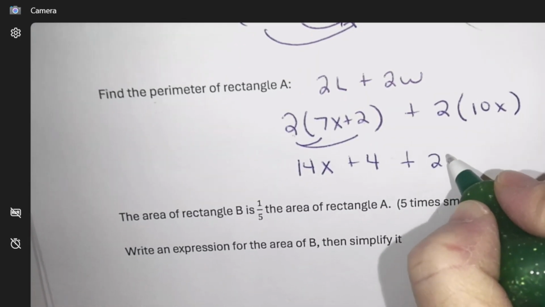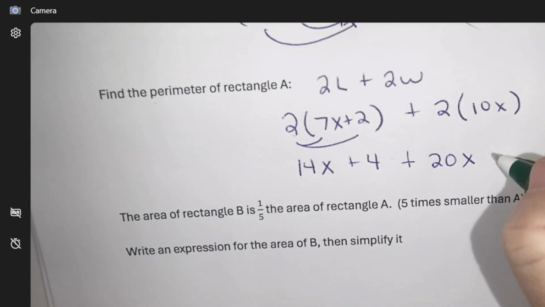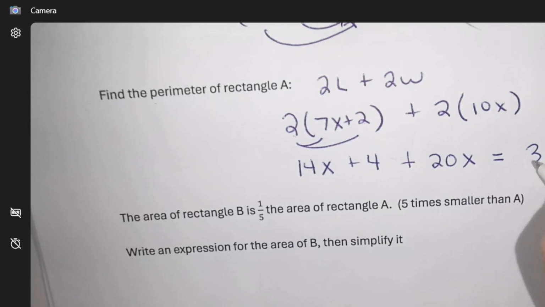Plus 20x over there. Simplify, so that means I'm going to put stuff together if I can. So 34x plus 4, perimeter. In what kind of measure? Just inches, not squared, not area.